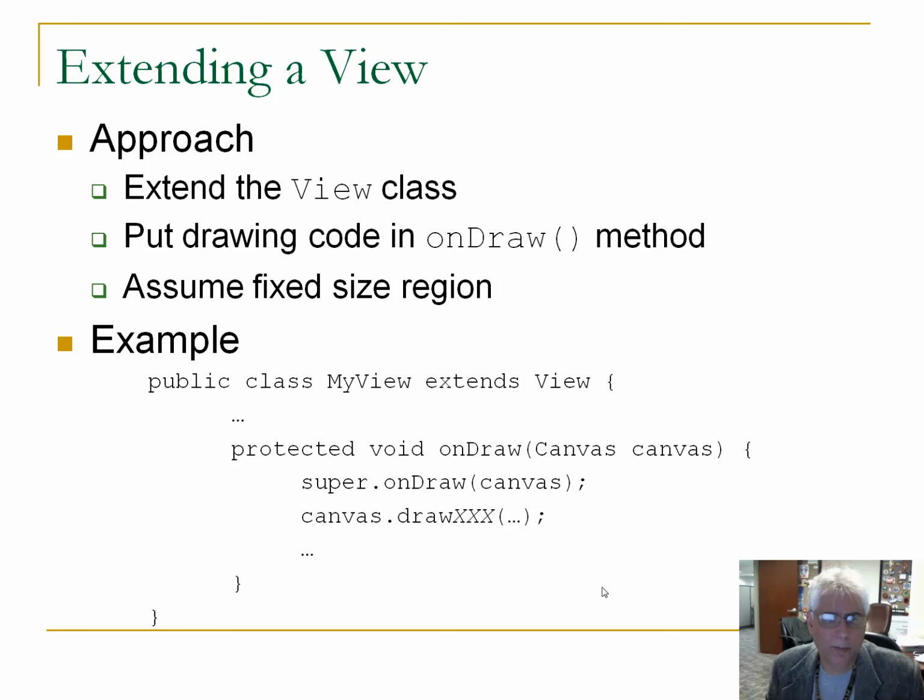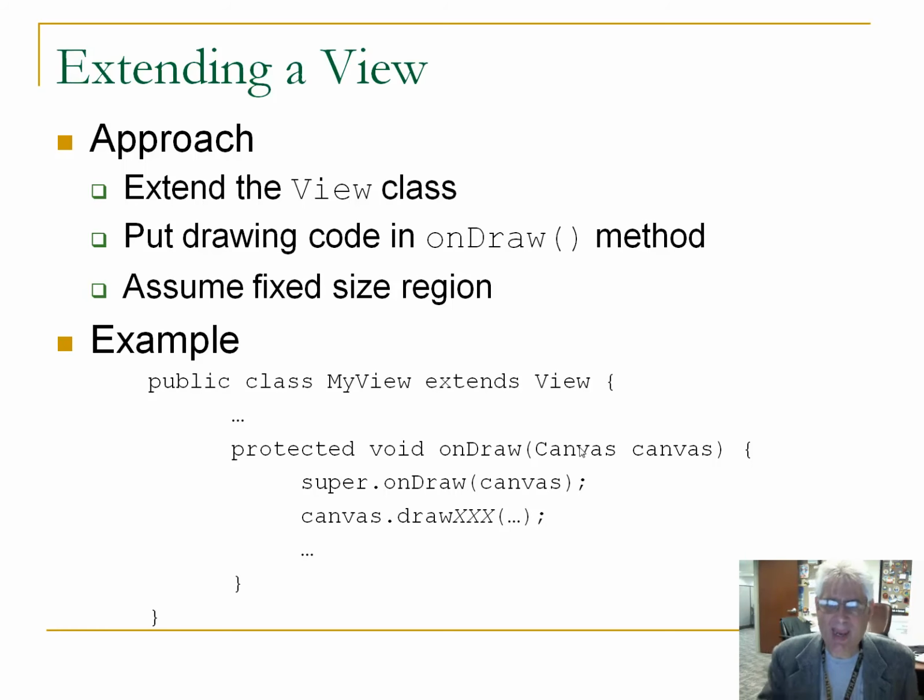And here, this little code snippet that you see here, this is your basic pattern. You extend the View class and you override the onDraw method. Now, let me refer back to something in the Android documentation. So notice here in this overridden onDraw method, what gets passed into us in this callback.